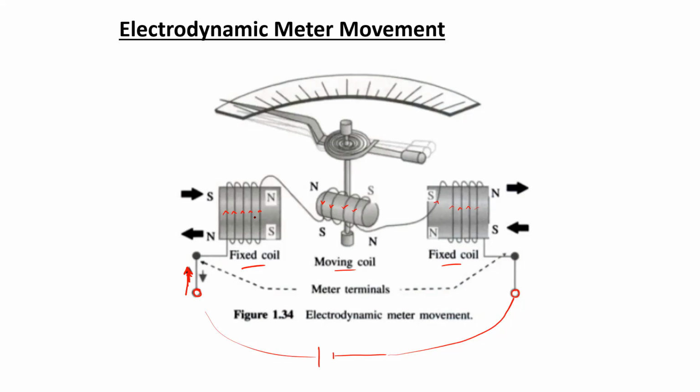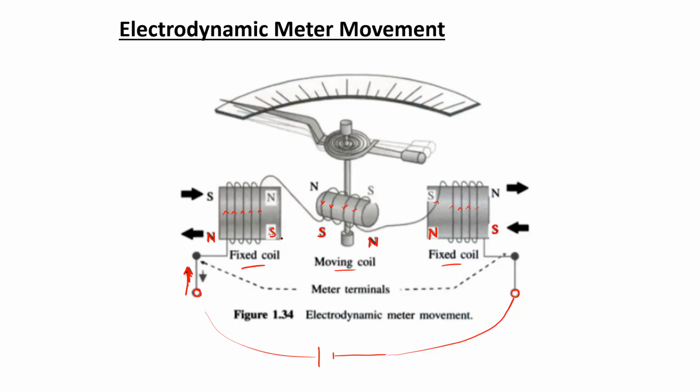So for the first case, if you apply the right hand thumb rule, this portion would be the north pole, this would be the south pole, and as the winding pattern in the moving coil is reversed, for this case, if you again apply the right hand thumb rule, then this would be the north pole, this would be the south pole, and going to the next fixed coil, again considering the direction of current, the right hand thumb rule can be used to determine the north and south poles.